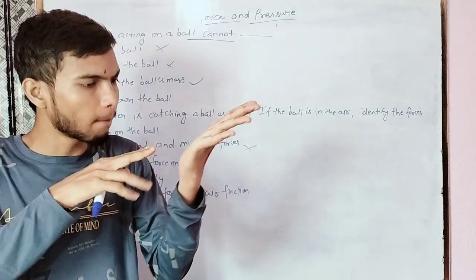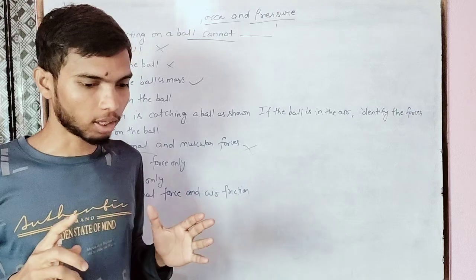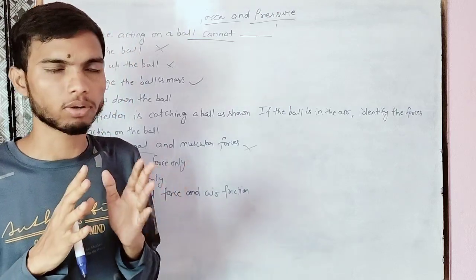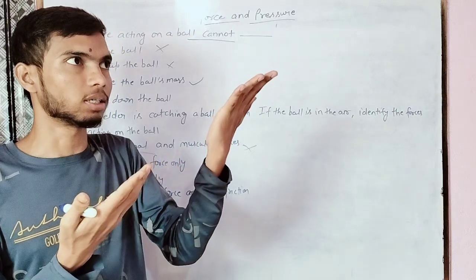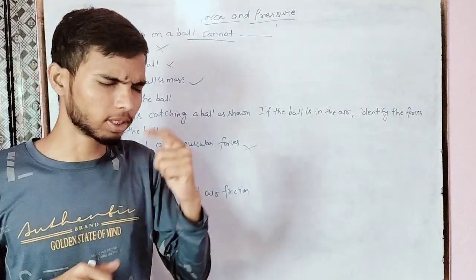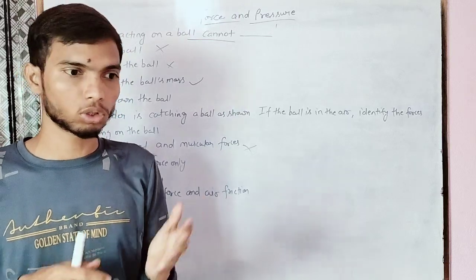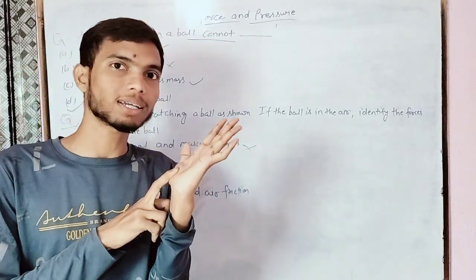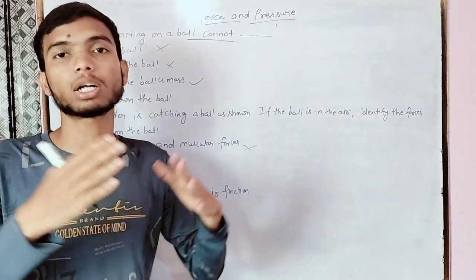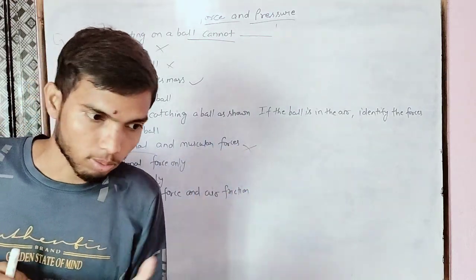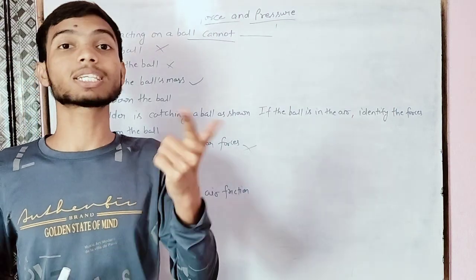So of course air particles will touch the surface of the ball. The particle is one object, and the ball is another object. There are two objects, so both will produce friction. And which kind of friction?